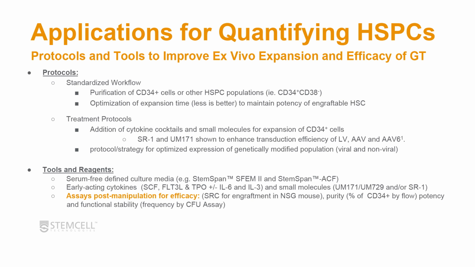For the case of expanding CD34 cells, these should be serum-free culture medias. And also looking at the early acting cytokines, which ones are you going to use? And in fact, there are about 30, 40 years of literature of labs looking at what early acting cytokines to use. This has not changed, honestly, since the 90s.